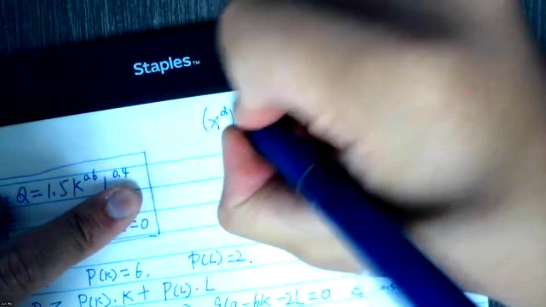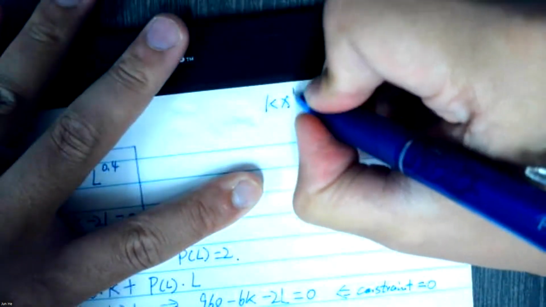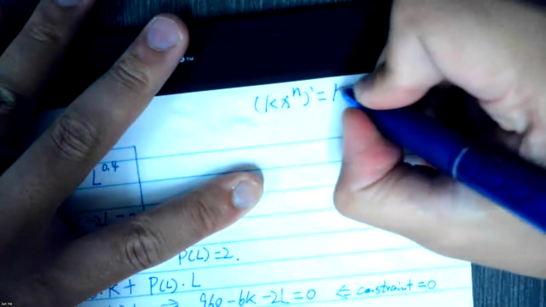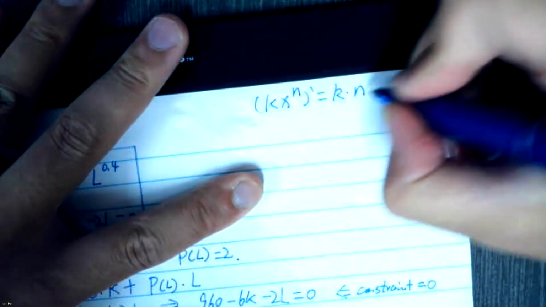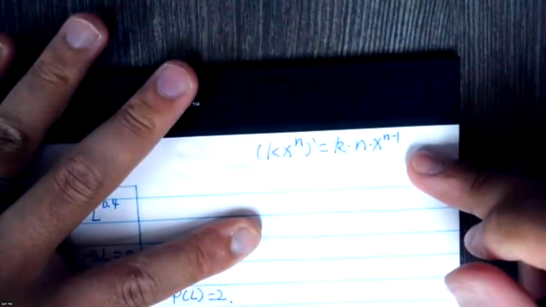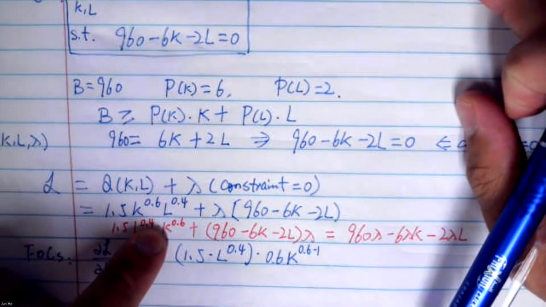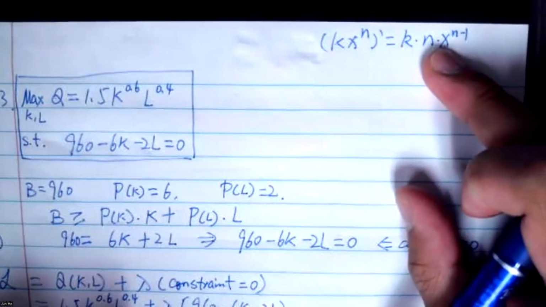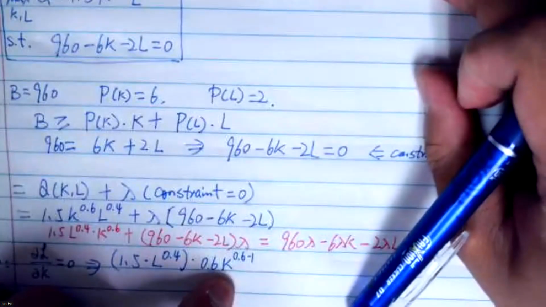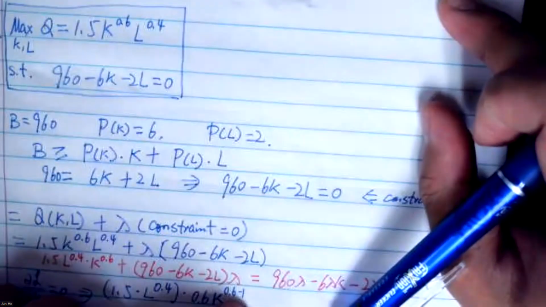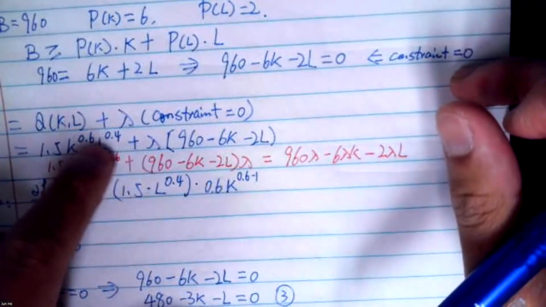For X to the power of N multiplied by a constant k, its derivative is k times N times X to the power of N minus 1. Here the constant is 1.5 by L to the power of 0.4, N is 0.6, and X is your K. That's the derivative of the first term.